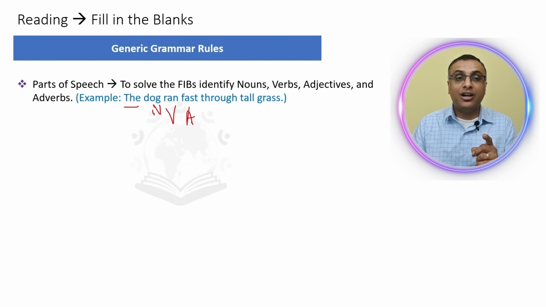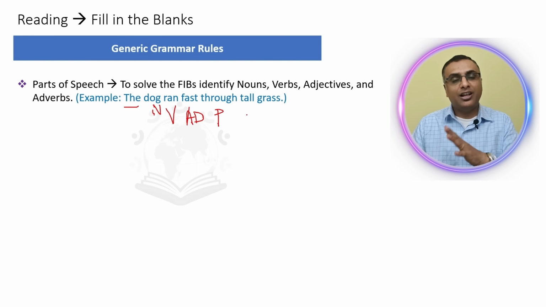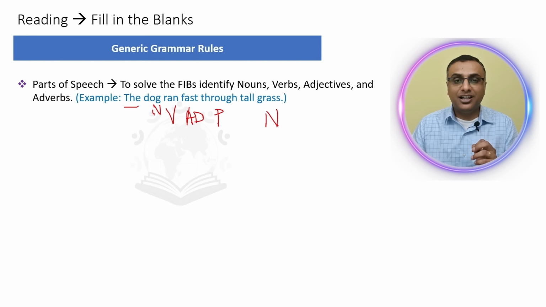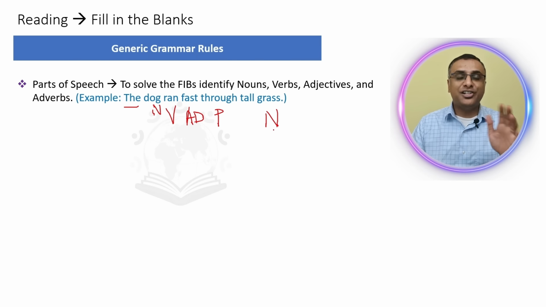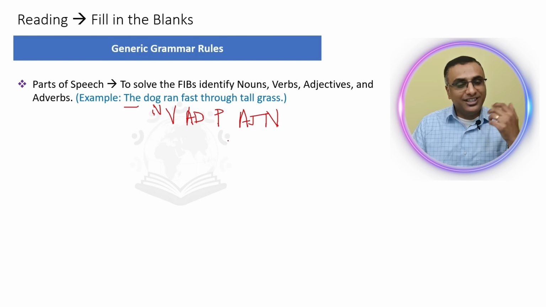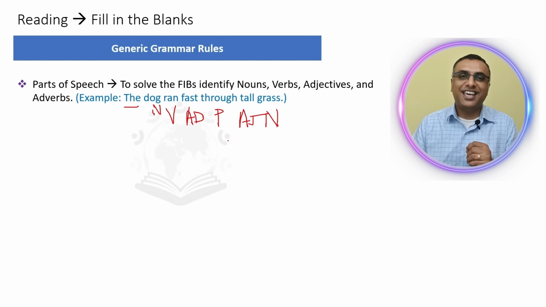That is why it is called an adverb. Now, what is through over here? Through is nothing but a preposition. Tall grass. Now, let's identify what is grass first. Grass is nothing but the noun over here. How is the grass being described? Whether tall, short. So, tall is nothing but an adjective. So, these are the parts of speech for this example.